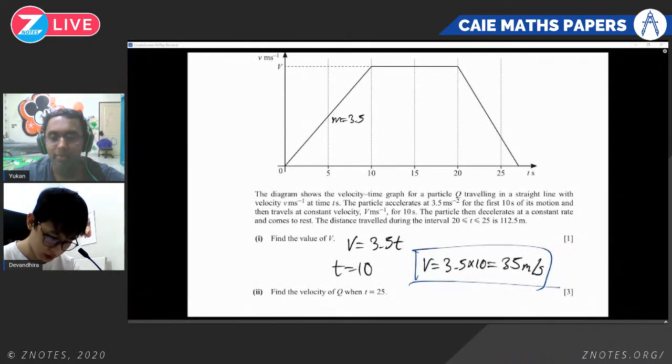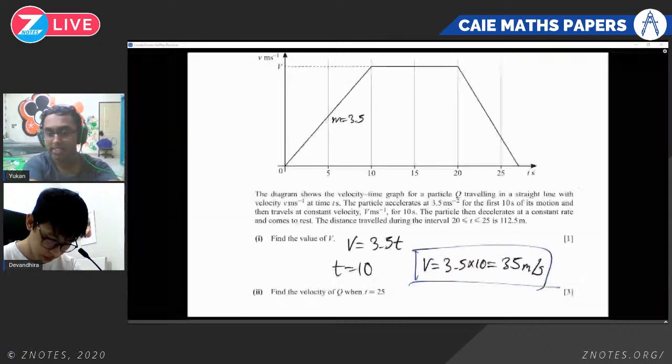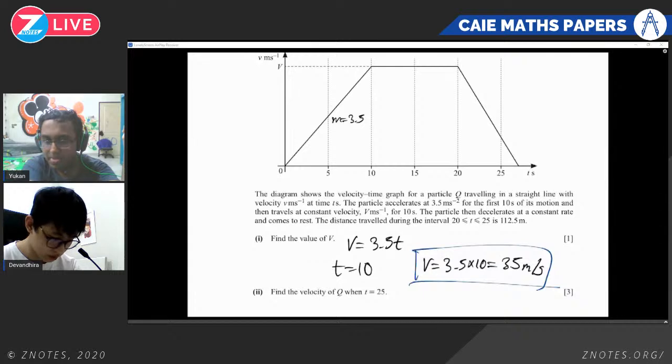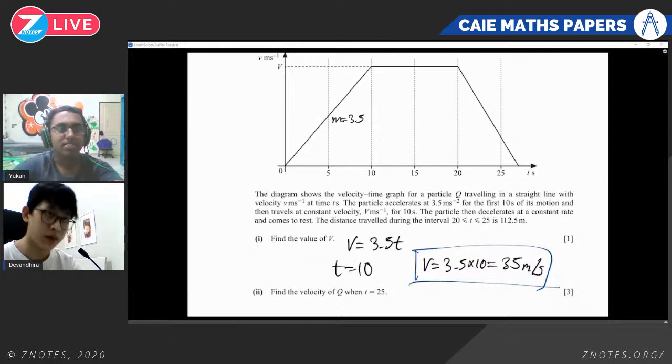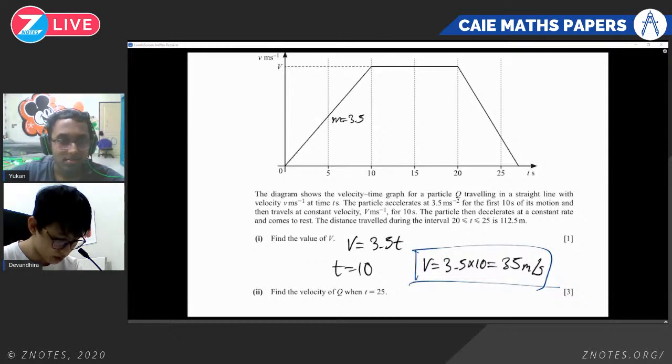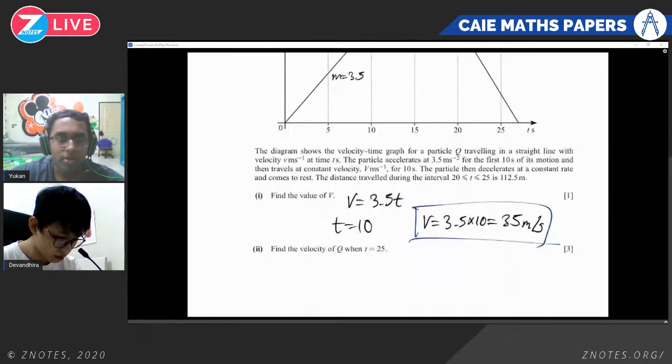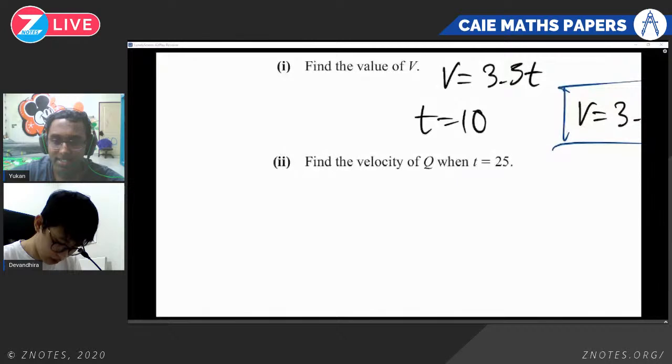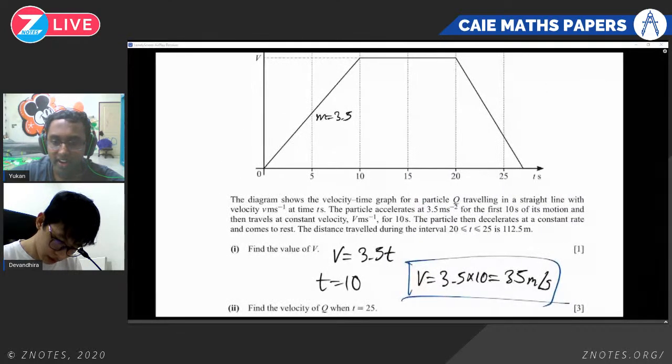And we have some information: the area under the graph, or the distance traveled, is 112.5 meters. So we know that the area of a trapezium is a plus b, the parallel sides, times the height, which is 25 minus 20, just 5, divided by 2.